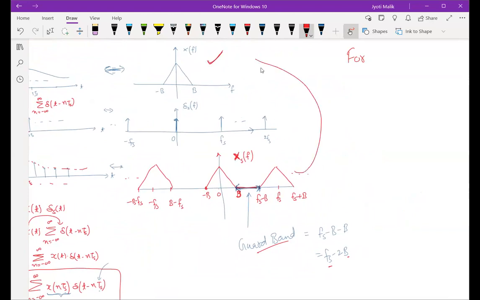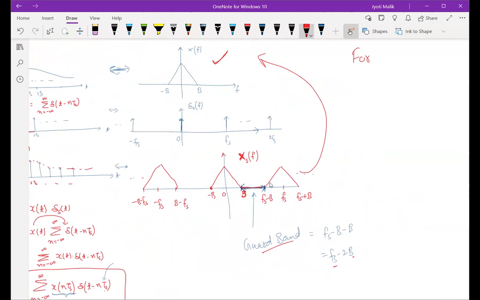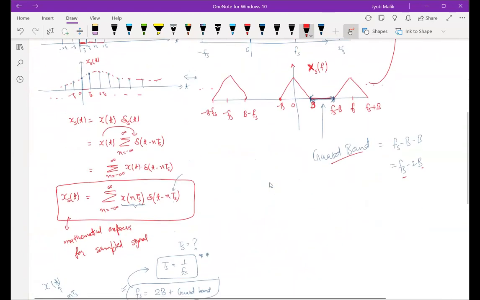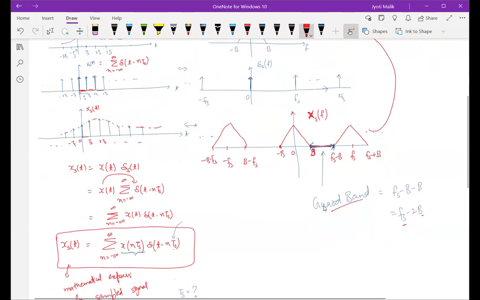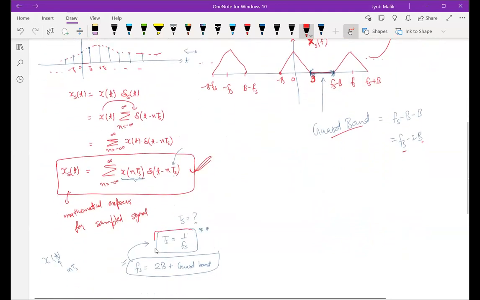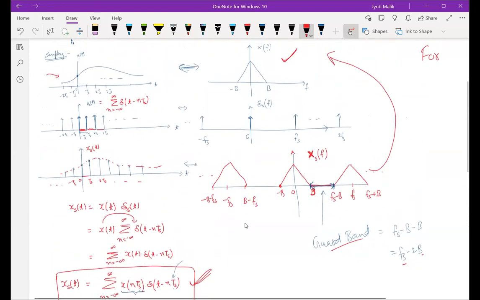First of all, you should know what is to be done. So this was the whole sampling thing. The next topic is reconstruction, which we'll see. The questions can be based on these results, or on the graphs of the guard band.